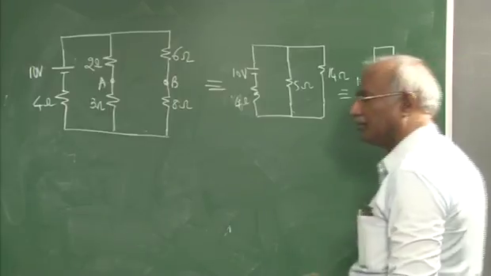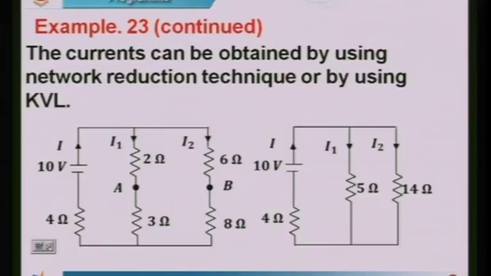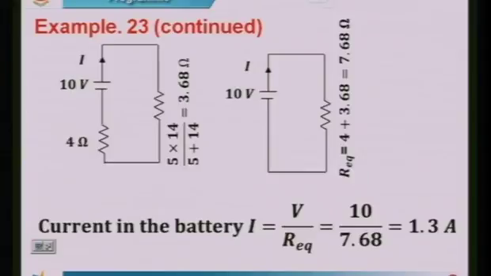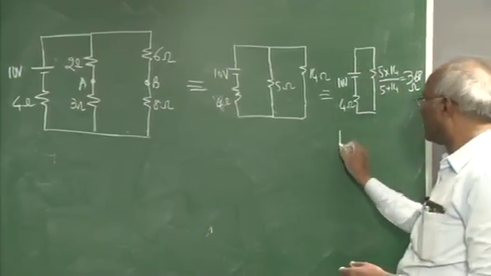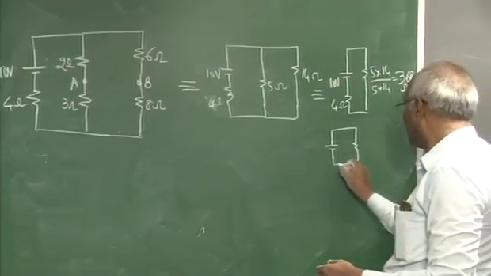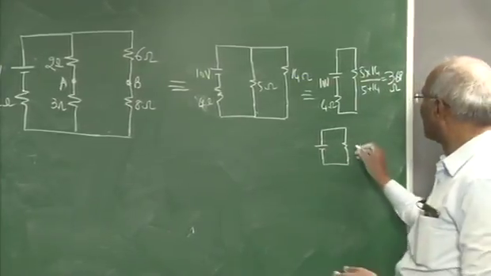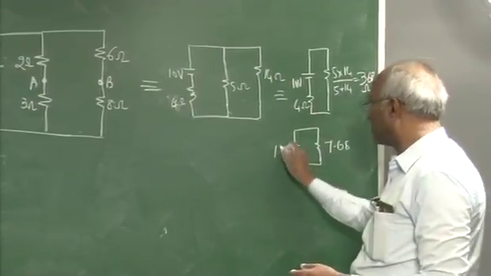That comes to 3.68. Now these two get added up. In that case, finally the network reduces to a single resistance of value 7.68. 4 plus 3.68 comes to this.